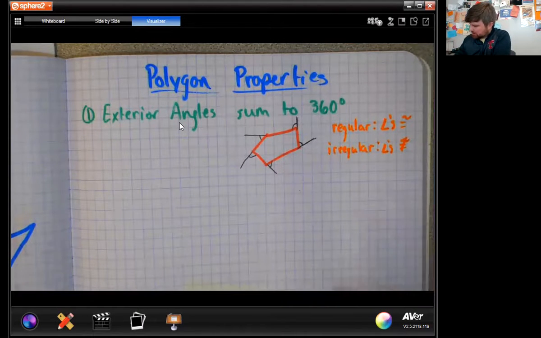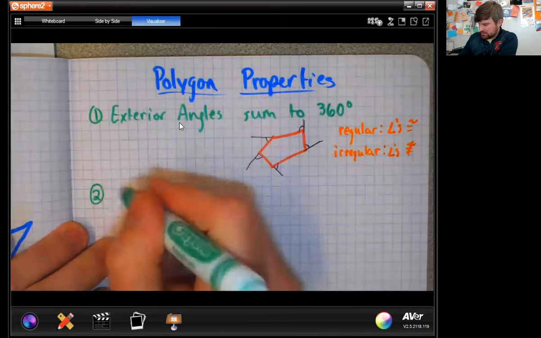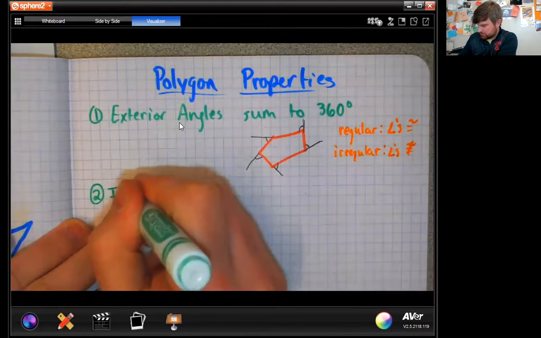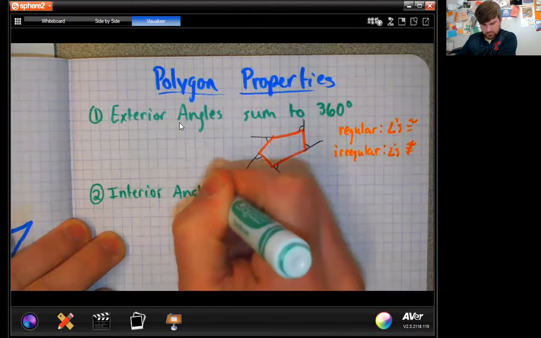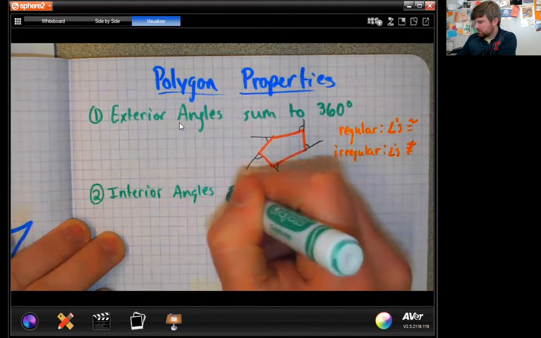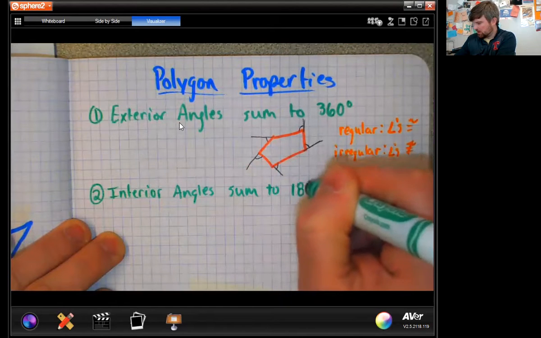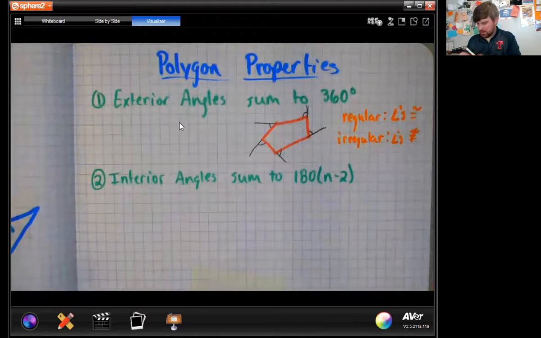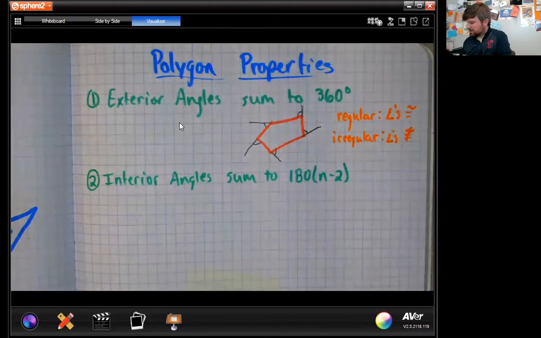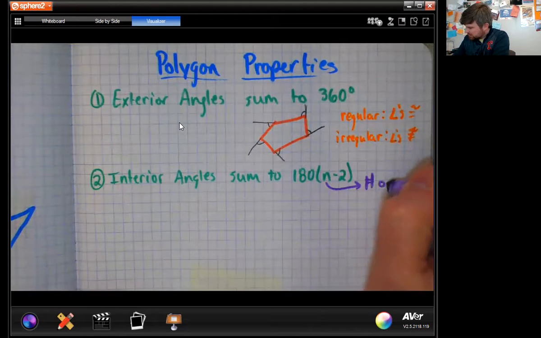All right, property number 2. Interior angles sum to 180(n minus 2). In this case, n is the number of sides.